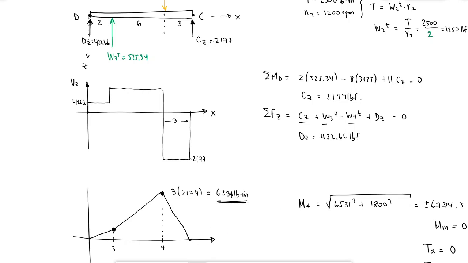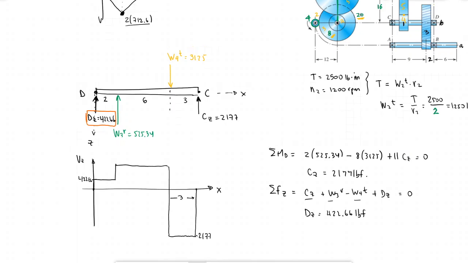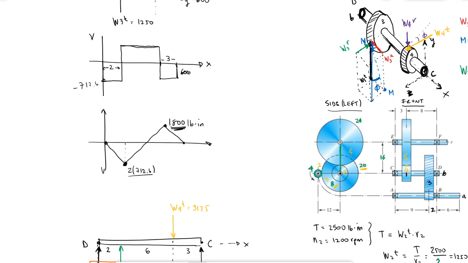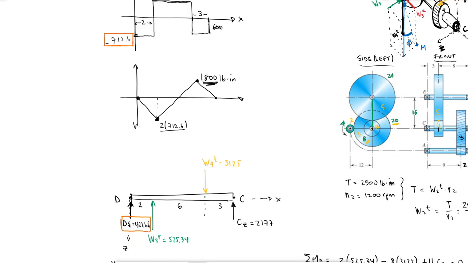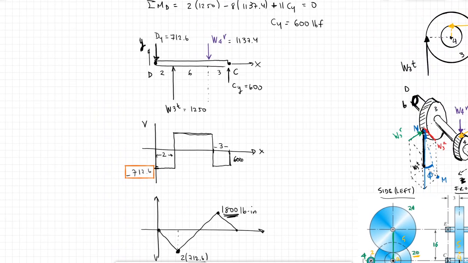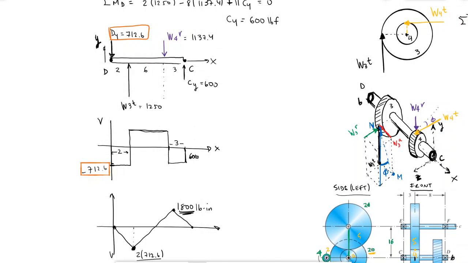So these reaction forces, for example, for 22 and 712, right? Those two values are affecting D. Okay, would be this. So in orange, the D.